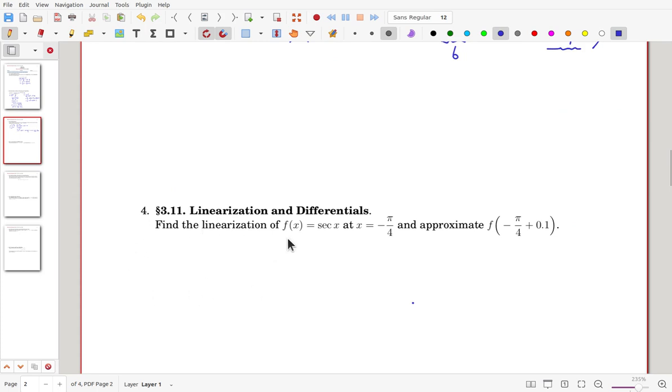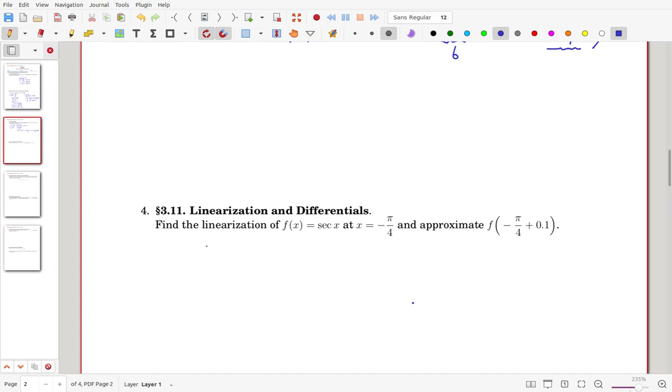linearization and differentials. Okay, for the function f(x) equals sec x, we want to find the linearization at x equals minus pi over 4, and we want to approximate a value by using the linearization.